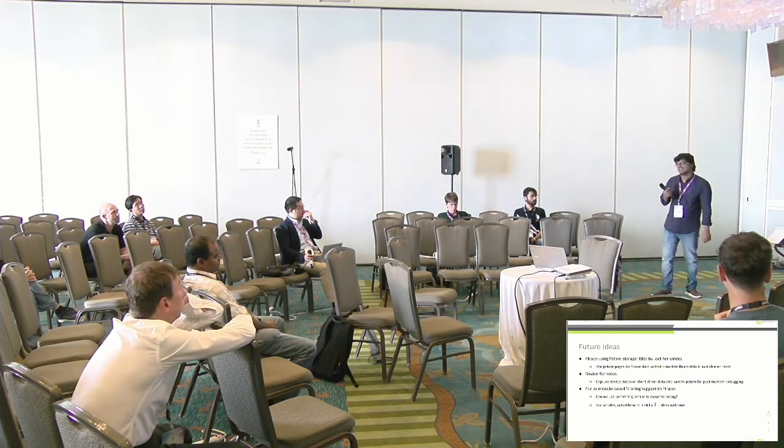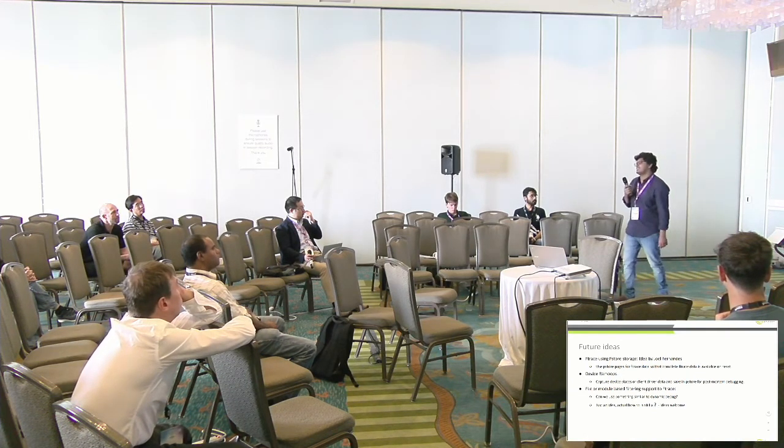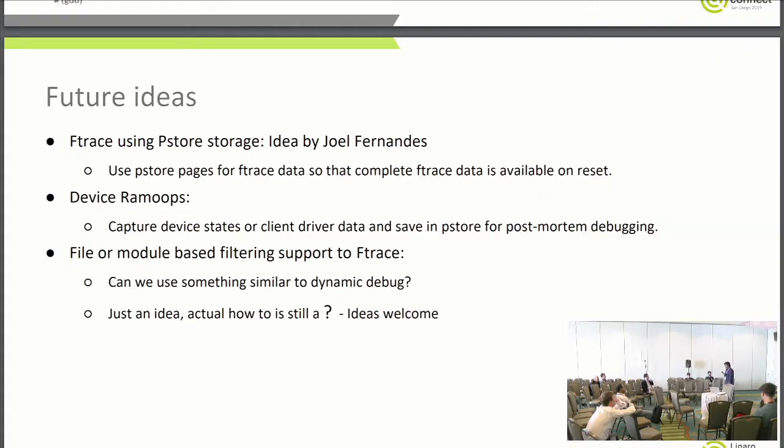Ftrace idea actually. So I was thinking, why can't Ftrace have filtering based on file names, module names? Can we use something like dynamic debug for Ftrace? But one disadvantage with dynamic debug is the size would increase dramatically. So that is the main disadvantage. So we might be able to find something to get around that, and it's very useful.